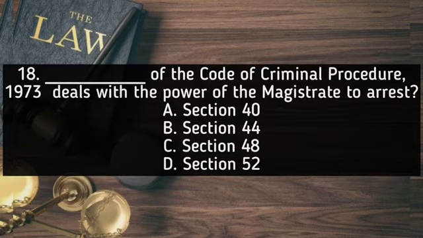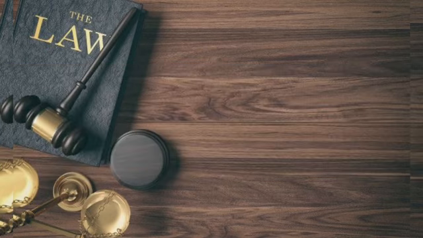Coming to question 18, dash of the Code of Criminal Procedure 1973 deals with the power of the magistrate to arrest. Option A, Section 40. Option B, Section 44. Option C, Section 48. Or option D, Section 52. Our answer to this question is option B, Section 44.